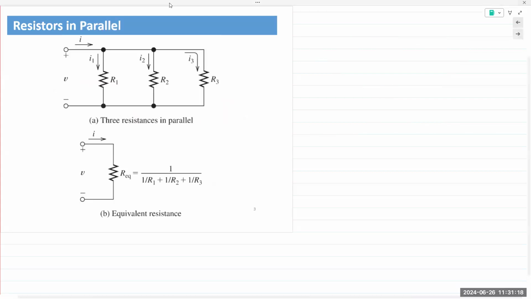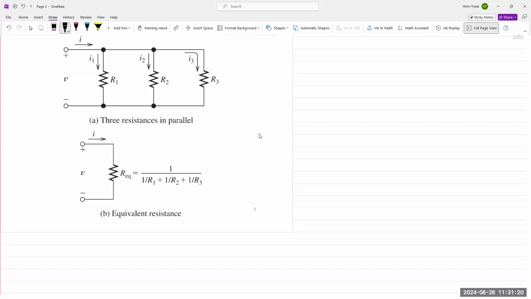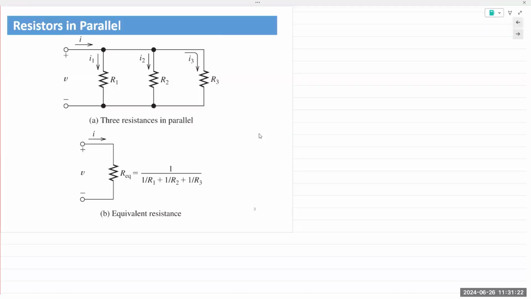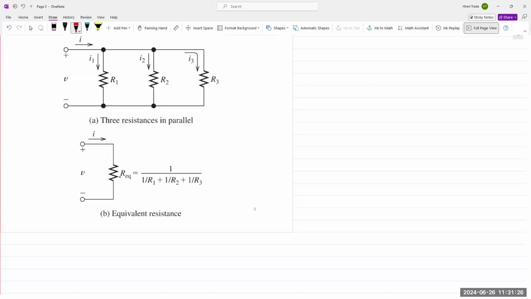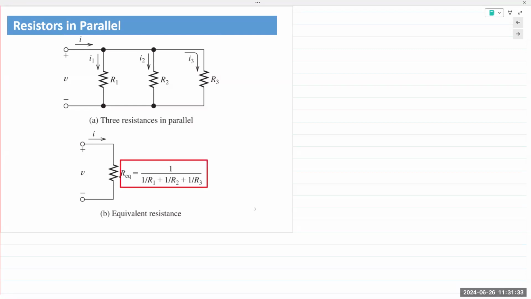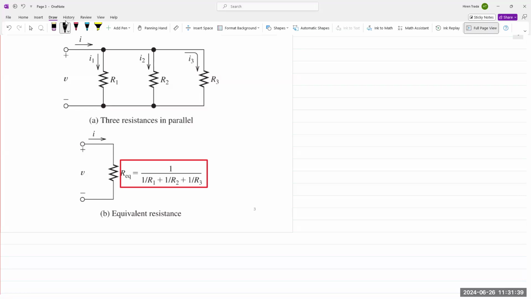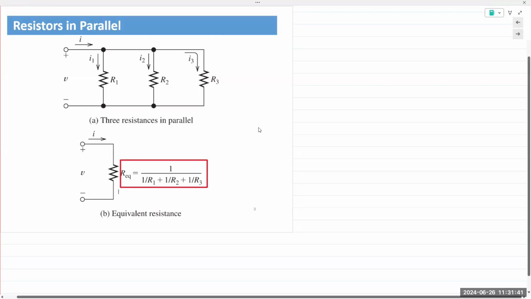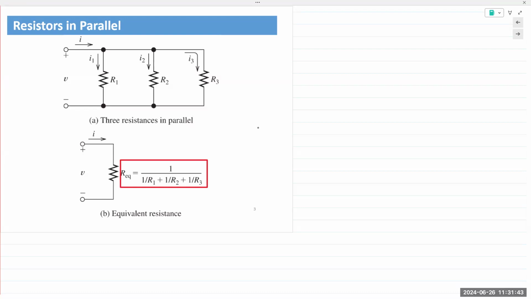Resistors in parallel. Again, there's a derivation based on Ohm's law, but we'll go straight into the equation. The equation is that Req is the reciprocal of the sum of the reciprocals of each individual resistor in that network or in that circuit connection. So we have R1, R2, and R3.